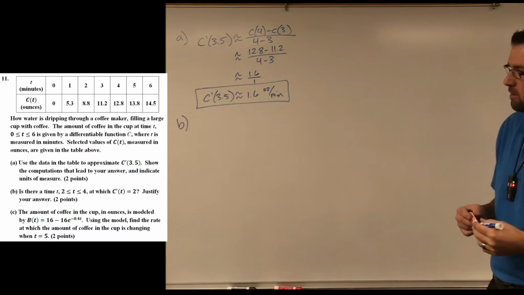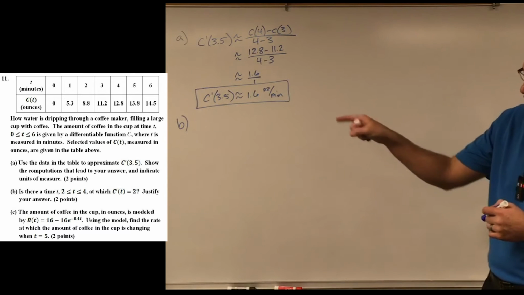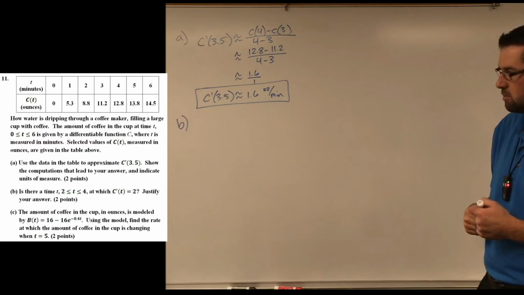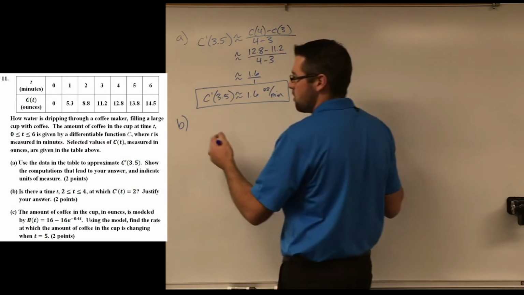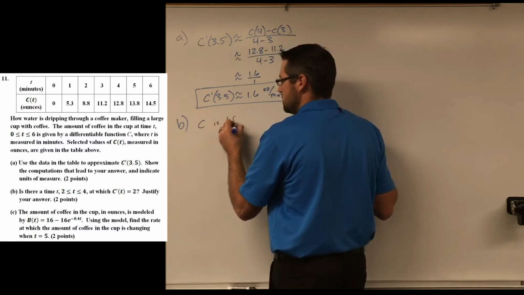Part B is where the mean value theorem applies, because we are trying to explain why C prime of t equals 2 somewhere. Is there a place where C prime of t could be 2, in the interval 2 to 4? Okay, so this is where we explain. We say C is differentiable.